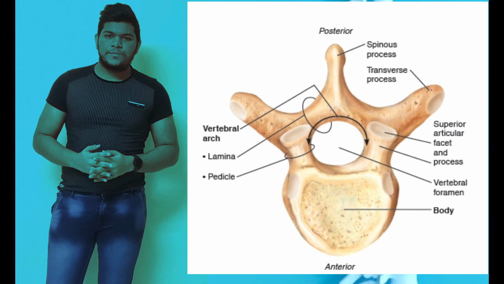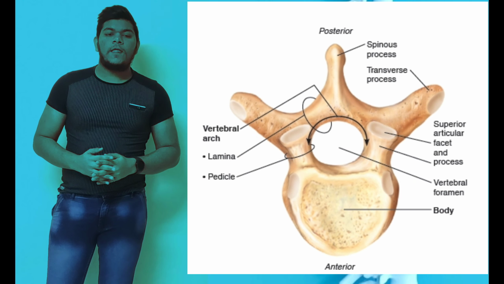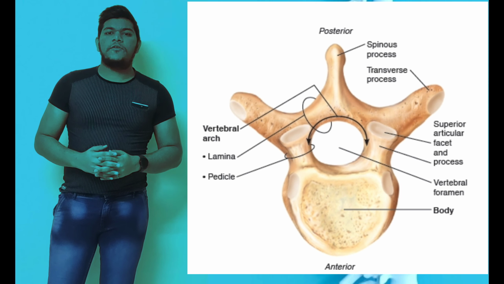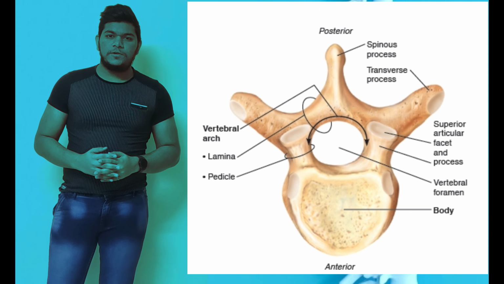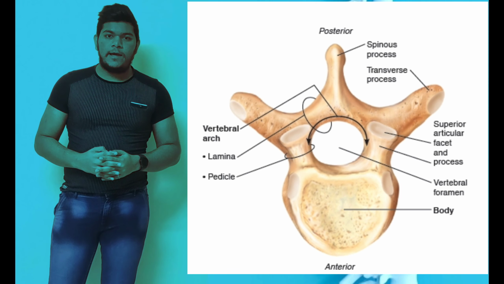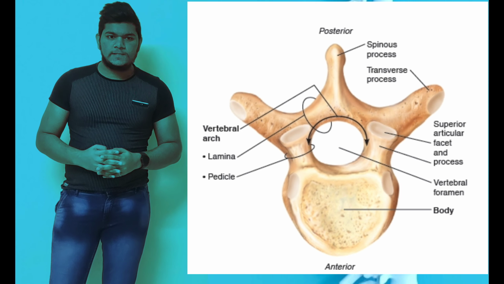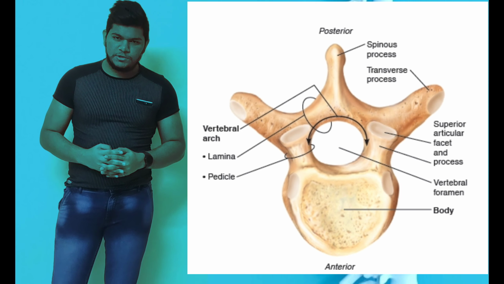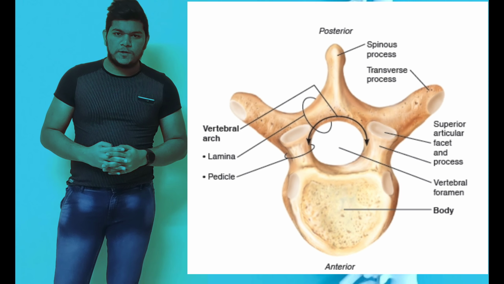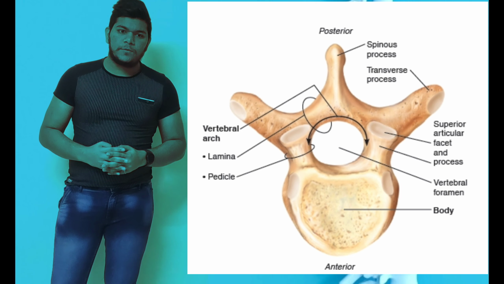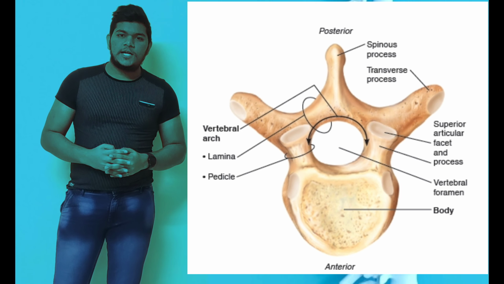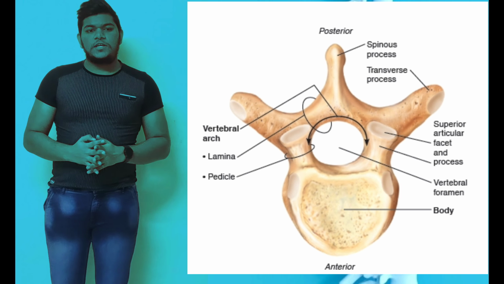A typical vertebra consists of a body, a vertebral arch which includes pedicles and laminae, and 7 processes which include 2 transverse processes, 1 spinous process and 4 articular processes. The body is the largest and thickest part of the vertebra.